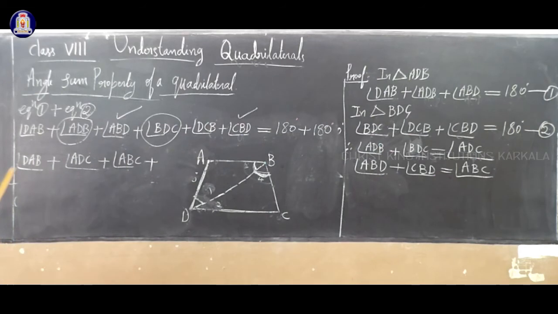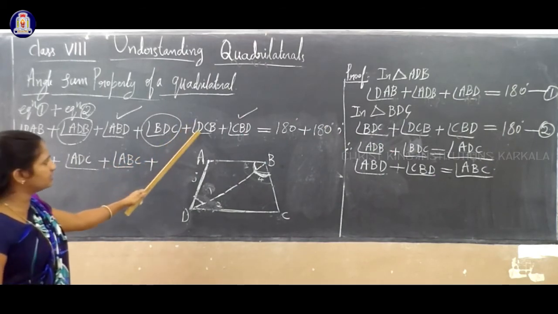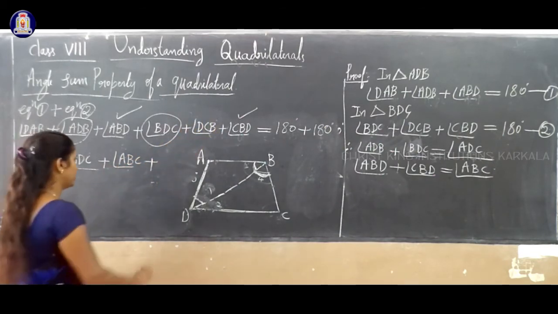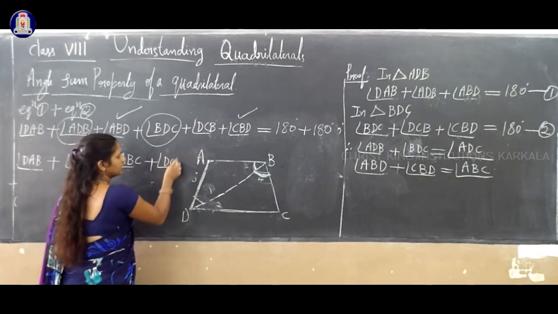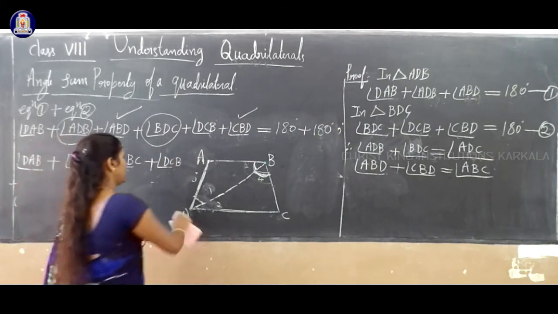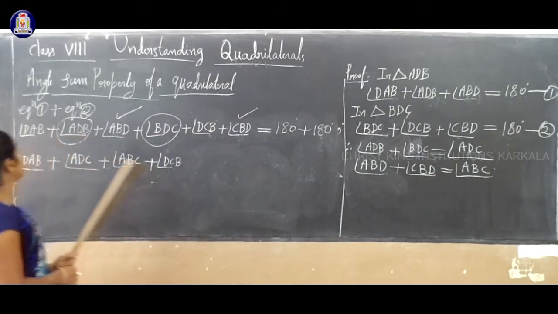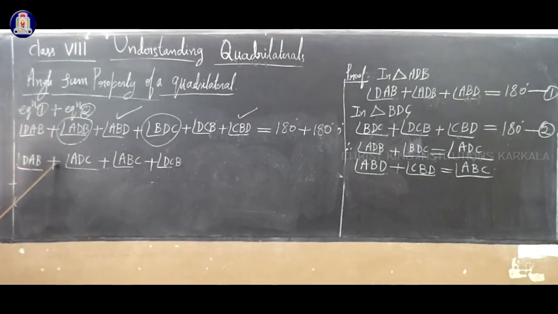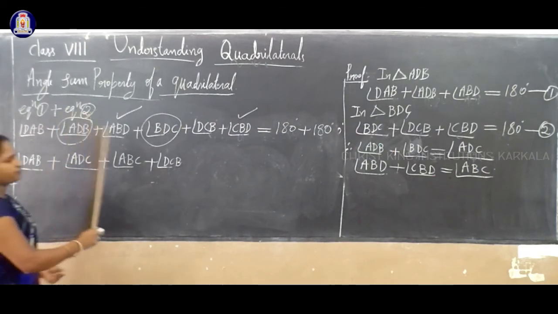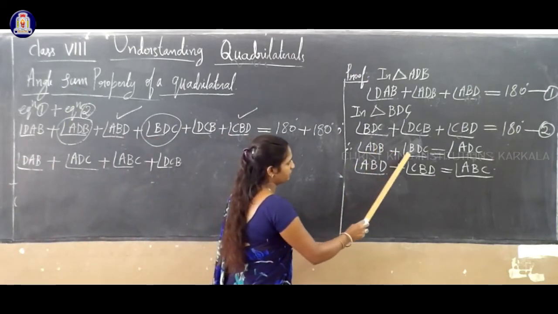Now remaining angles you have to write. So what is the remaining? One is the DAB angle. I wrote already. DAB means angle A. Clear? Now next remaining angle is DCB. Next, the angle DAB plus ADC. How will you get ADC? Because we have to add ADB plus BDC.